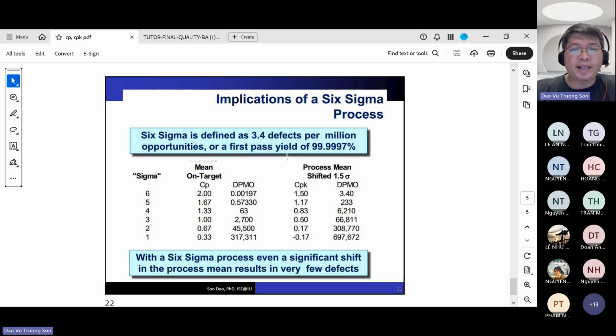Our aim is always to target 1.67 or above, 1.67 to 2. And to get 2 means we have already achieved the Six Sigma level. Remember, for our control chart, we only have 3 sigma on one side, and this means 6 sigma on one side. Okay, CP is 2, this means 6 sigma on one side.